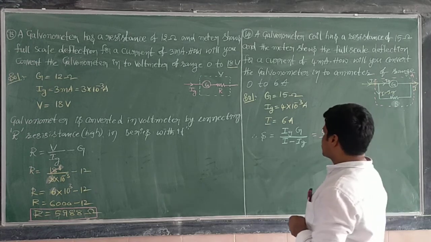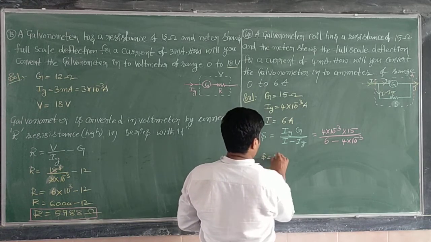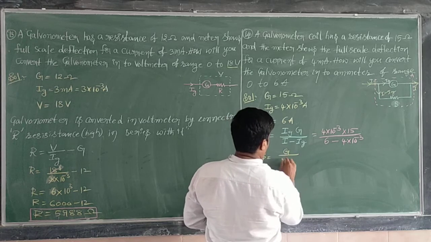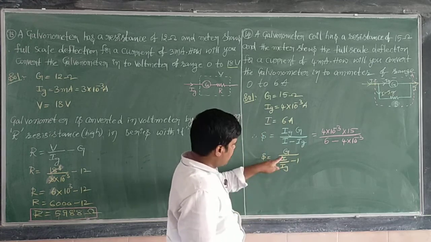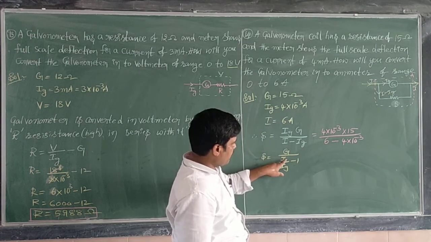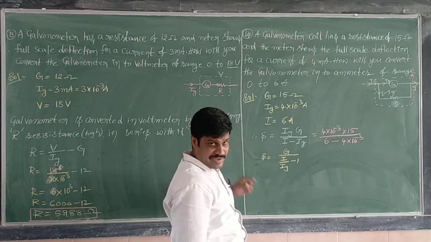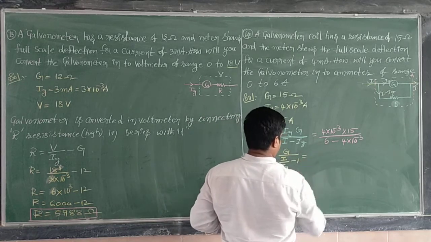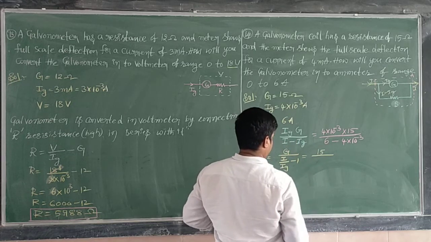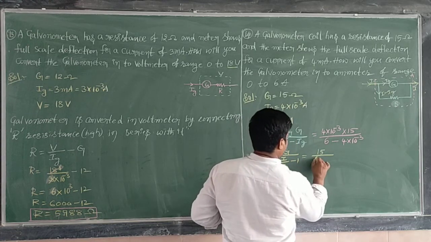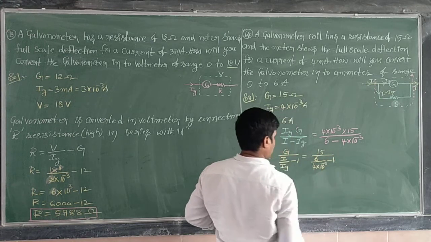For the simplification, otherwise you can do it like this also. Same step: S is equal to G divided by I by Ig minus 1. If you take the LCM, I minus Ig divided by Ig, with Ig coming to the numerator, you get the same formula. So 15 divided by I by Ig, which is 6 divided by 4 into 10 power minus 3, minus 1.